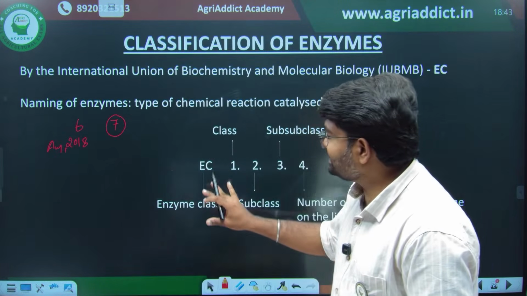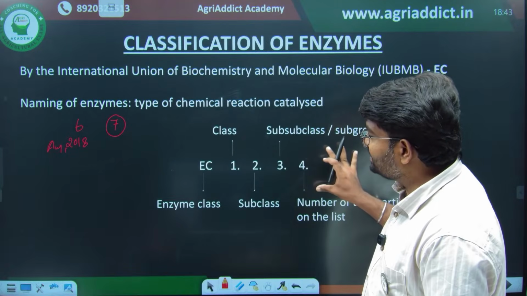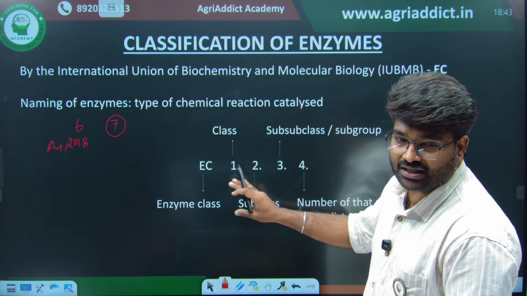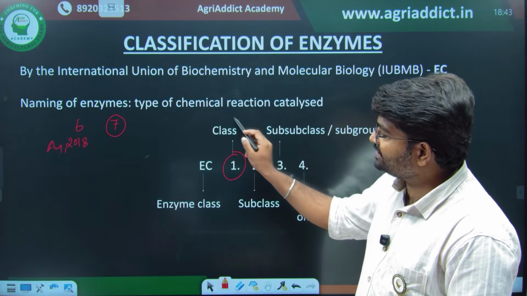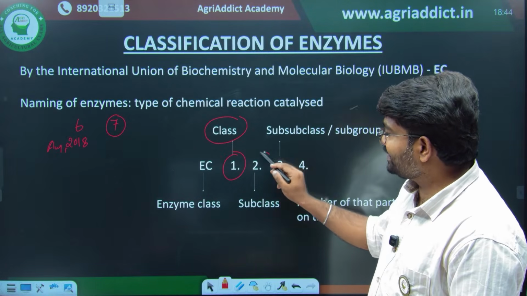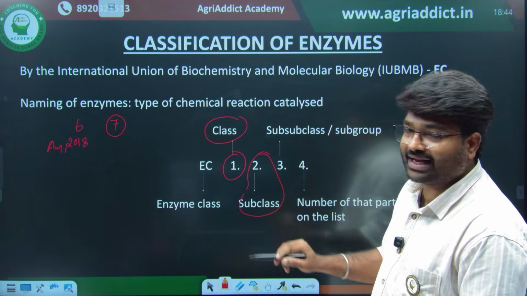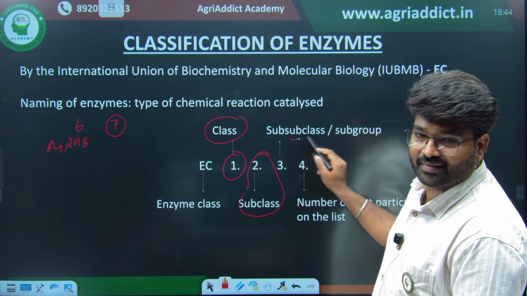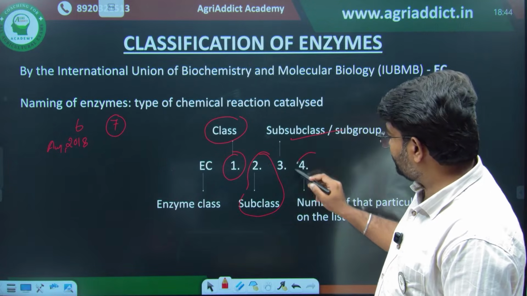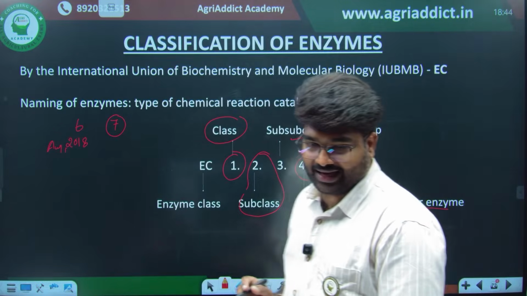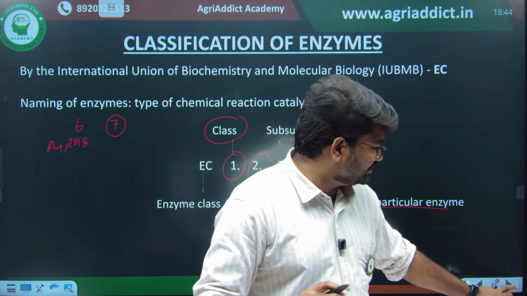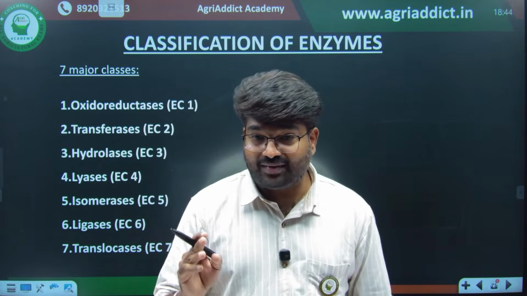This enzyme commission number will have 4 digits separated by dots. The first determines the major class of the enzyme, the second determines the subclass, the third determines the subgroup, and the fourth determines the number of that particular enzyme on the list. This is just for your understanding only. So EC will have 4 digits.